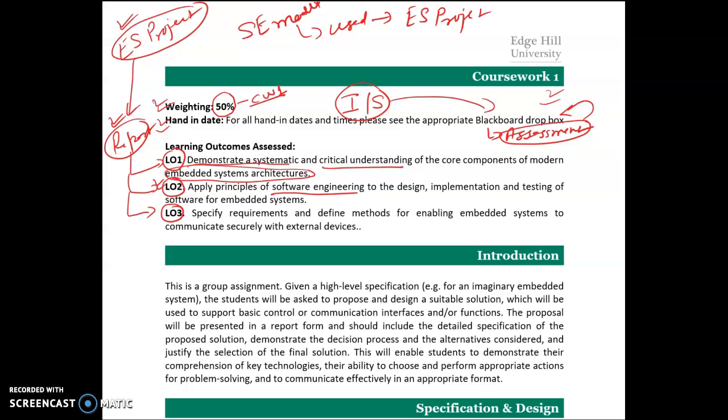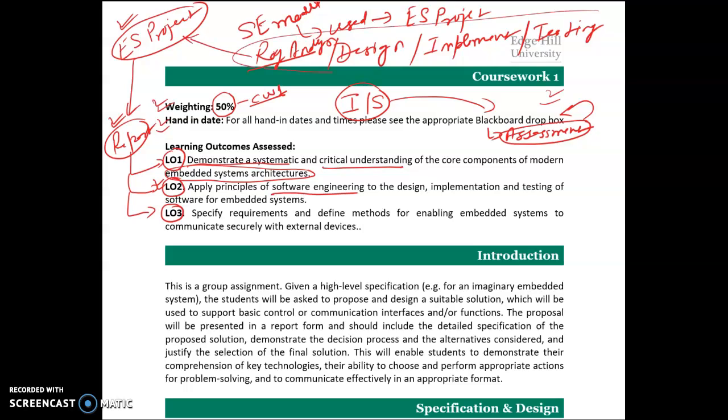So what you have to do, you need to show the design, implementation, testing, and before this you need to conduct requirement analysis for the development of your embedded system project, and all these things you need to include in your report.